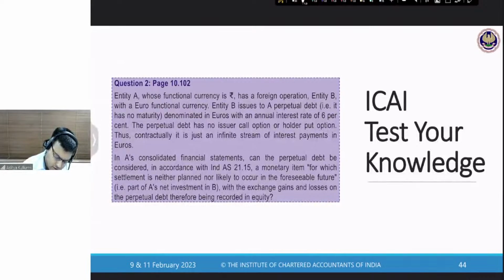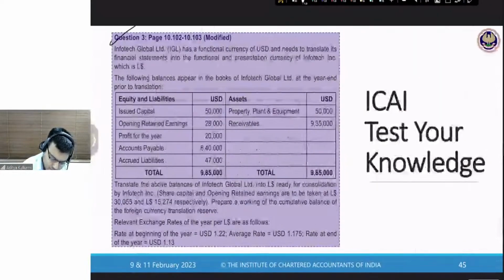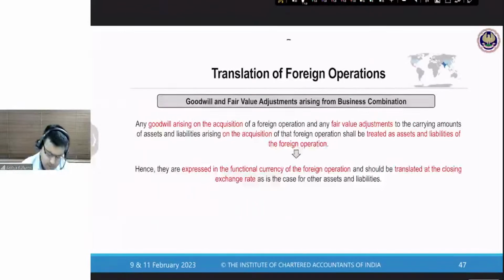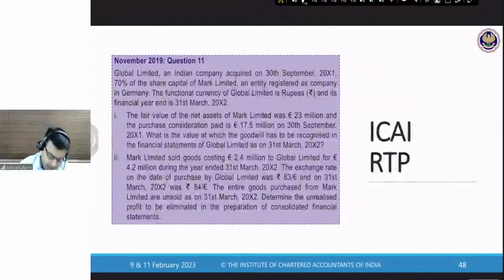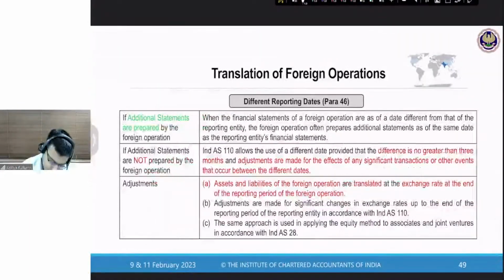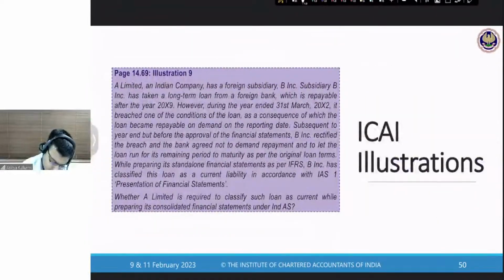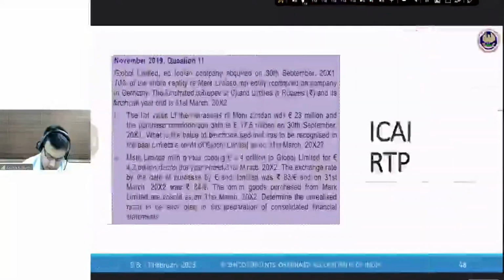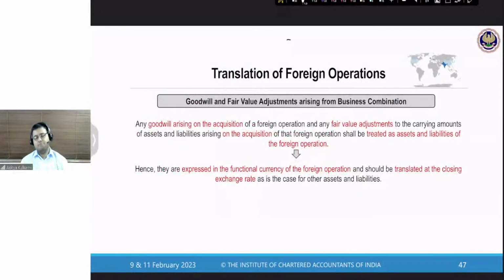We have done these questions. All right. Now coming to our discussion on consolidation. In consolidation, we have two things which happen.